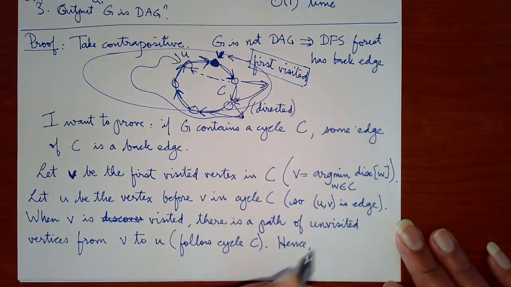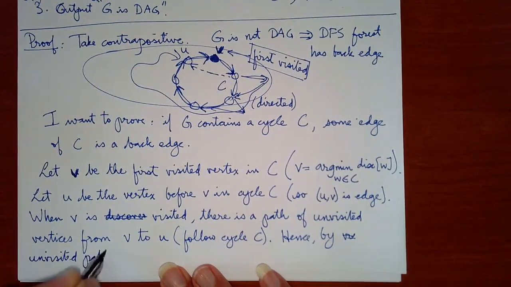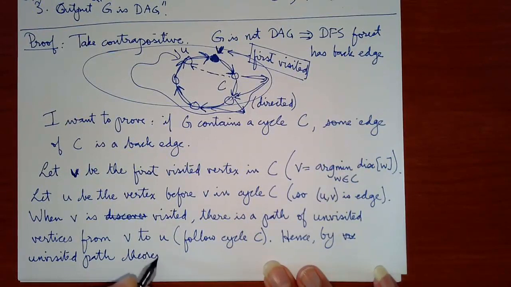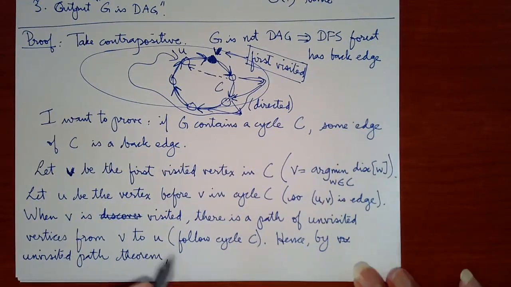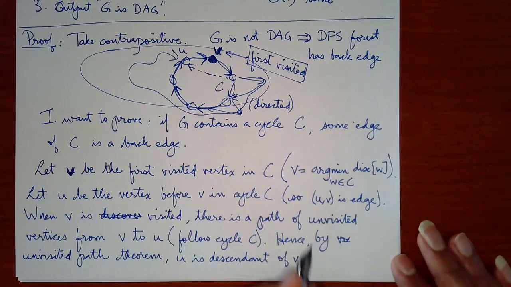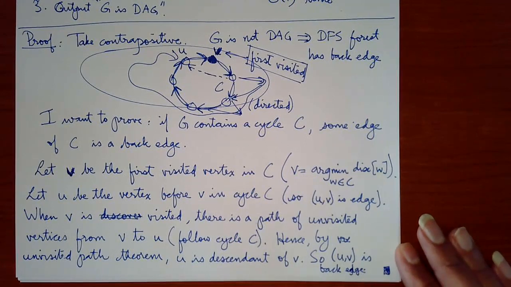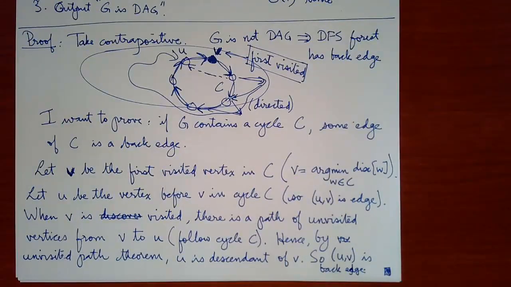Hence, by the unvisited path theorem, U is a descendant of V. So U is a descendant of V, so UV is a back edge. And that completes the proof. It's fairly straightforward once you have the unvisited path theorem.